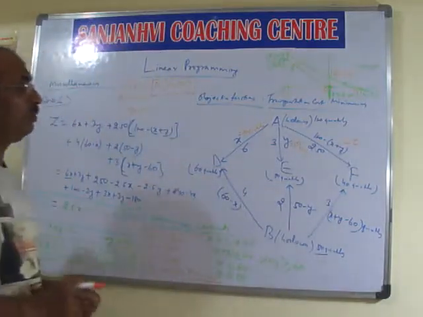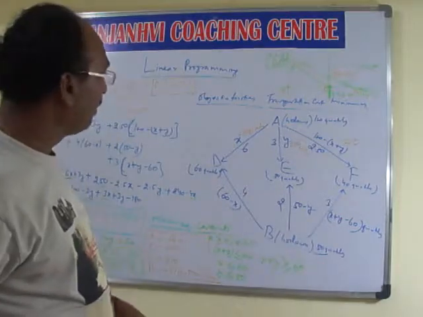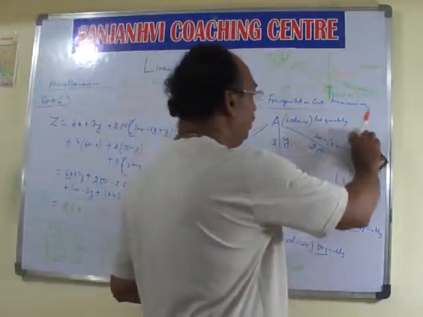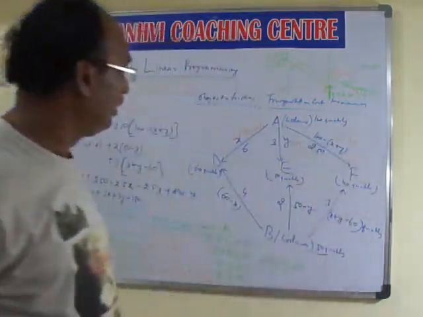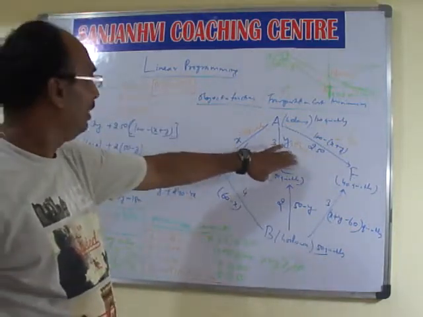Then 50 plus 10 it is, so 40 will go. From B to down is 0. So 10, 50, 40.